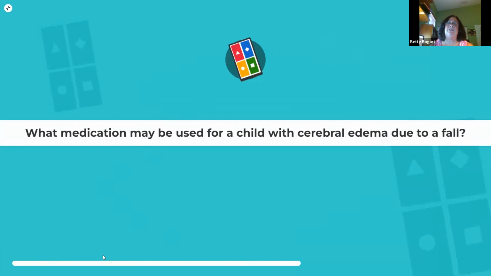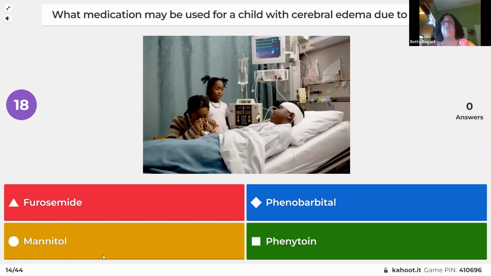What medication may be used for a child with cerebral edema due to a fall? Well, look at that. It's swelling in the brain. What do we use for swelling in the brain? How are we going to get that swelling gone?